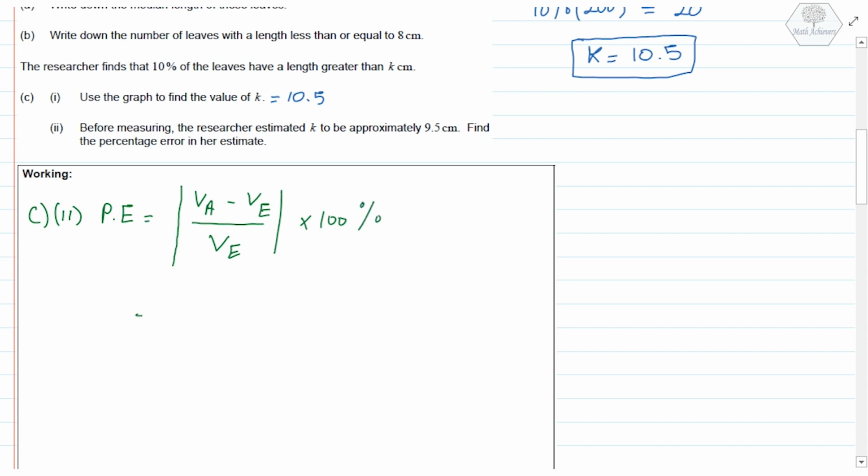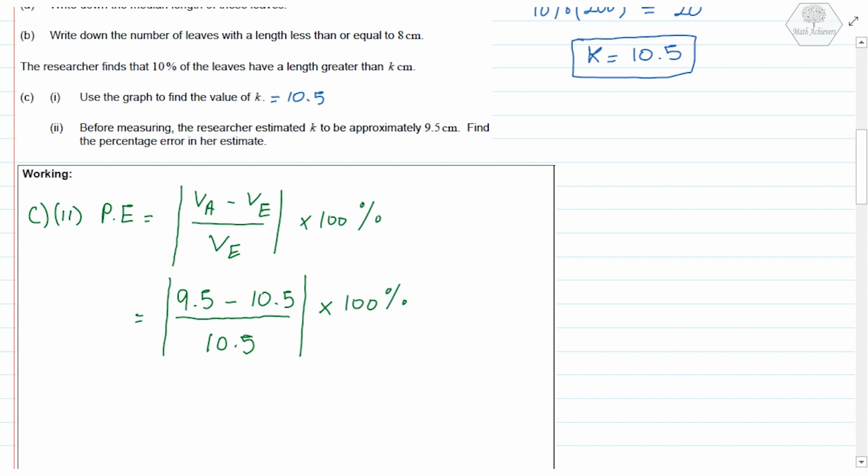So this is equal to the value approximate, which is 9.5, minus 10.5 over the 10.5. I take the absolute value, which means I take only the positive outcome of it, times 100%.